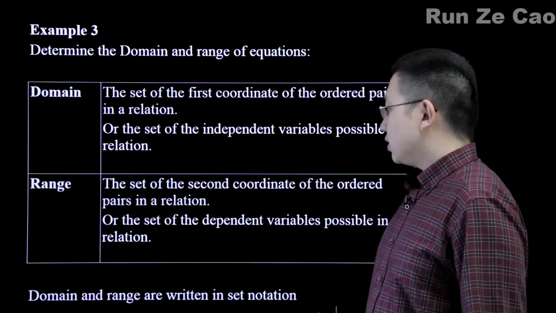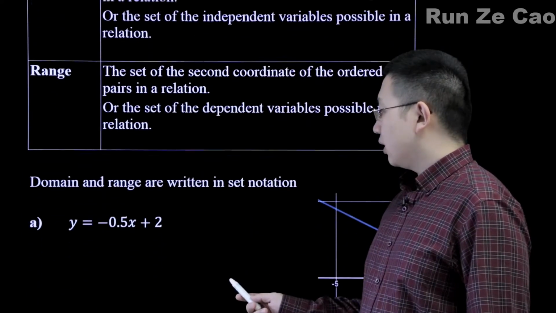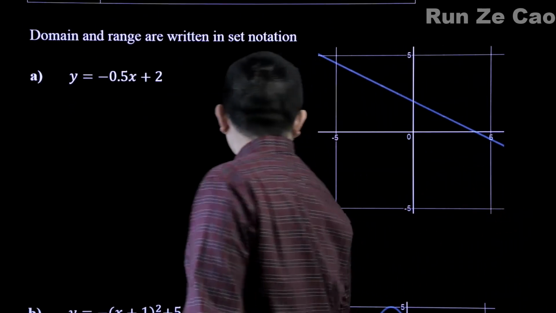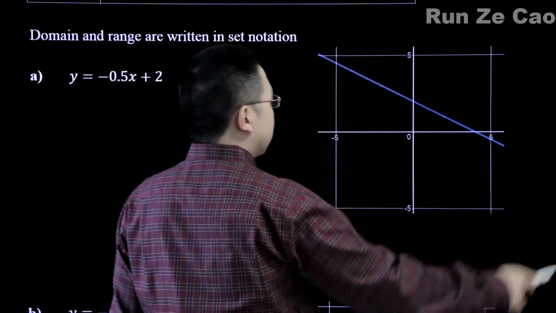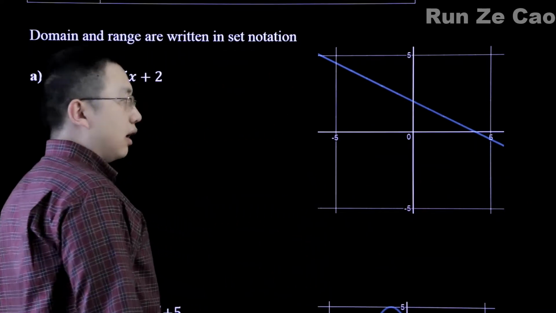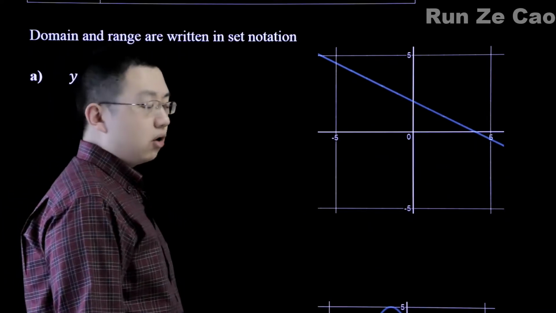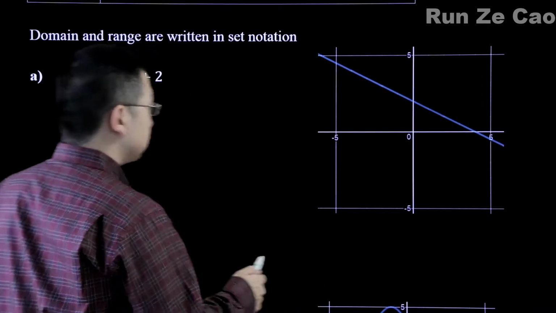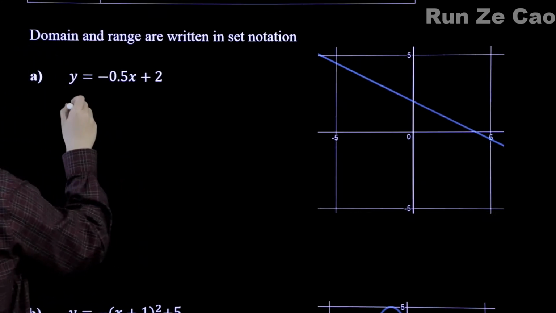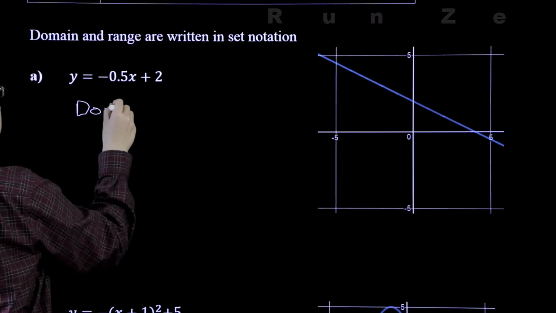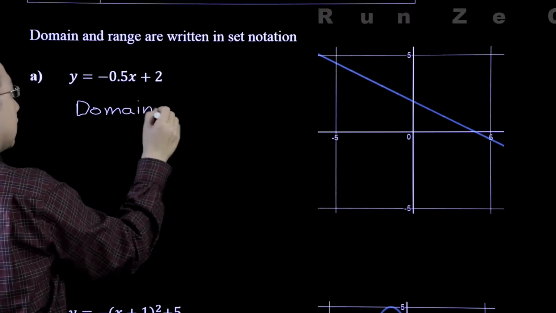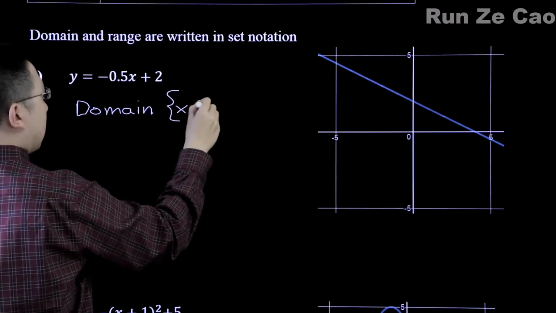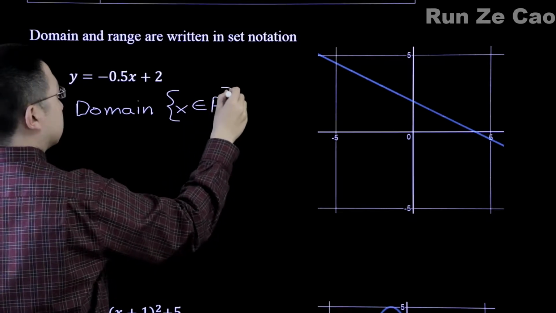Now, domain and range are written in set notation. So here, let's determine some domains and ranges. Here, what values of x exist in this relation? So where this relation has value, what values of x are there? Domain: the set of x is an element of the real numbers.